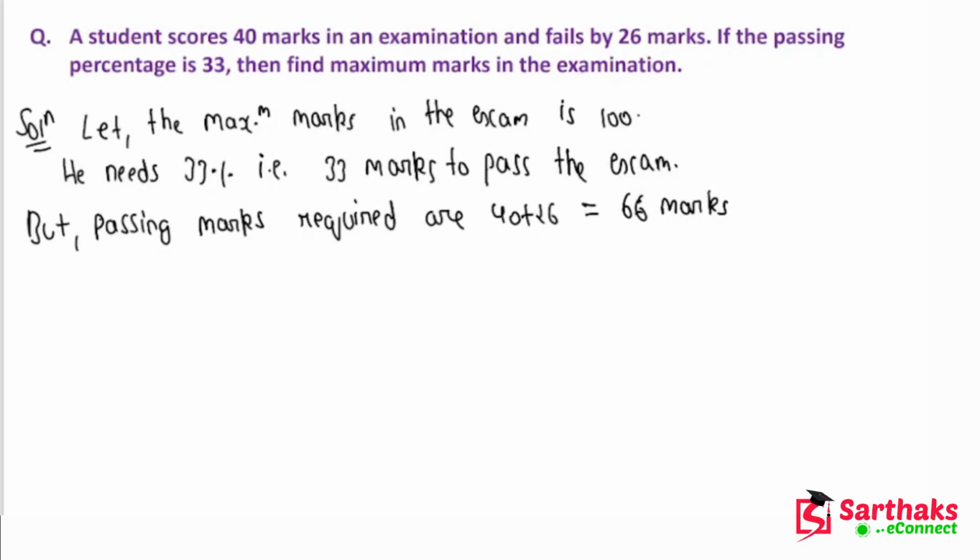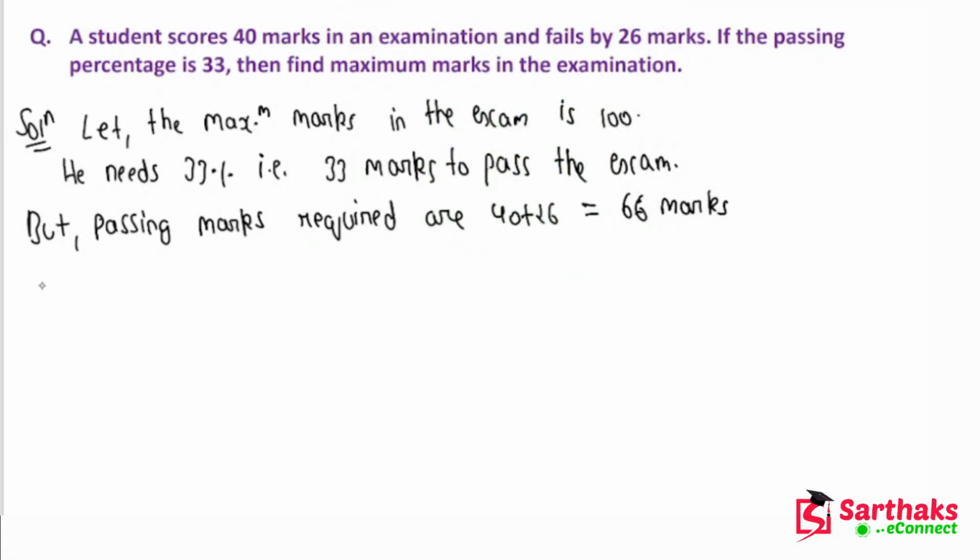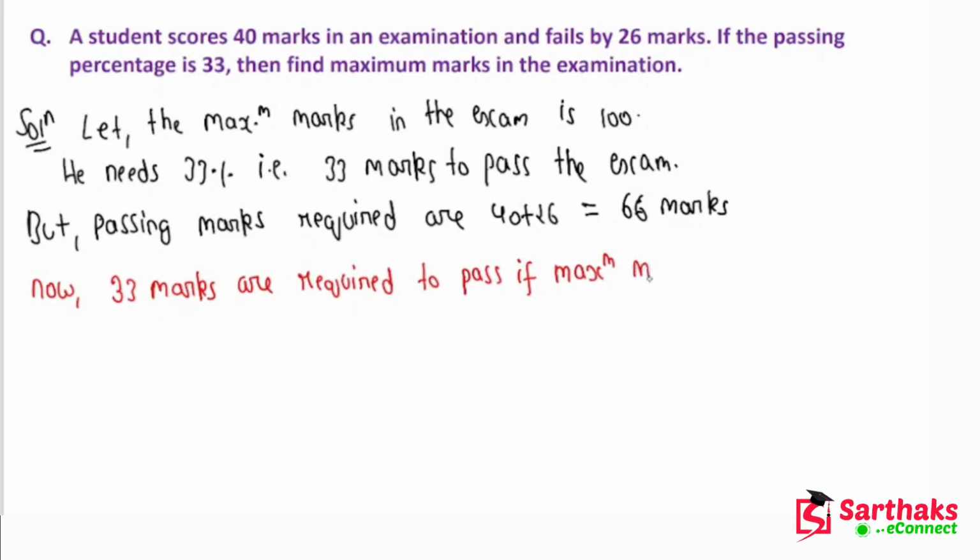Okay, it is easy, but that does not mean that we will not study the method. So now you can see how to apply the unitary method here. Now 33 marks are required to pass if maximum marks are 100, right?